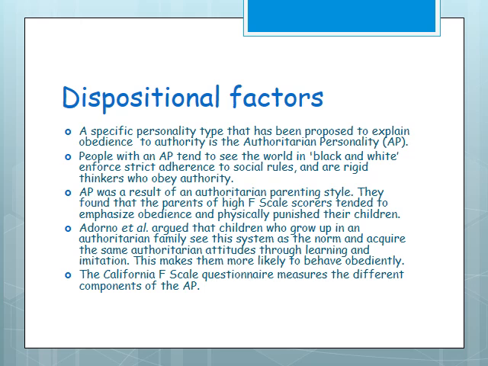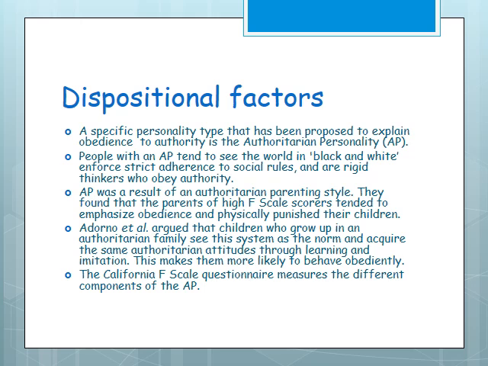It is the result of strict parenting, and generally parents who have an authoritarian personality, they emphasise obedience and physically punish their children. Adorno argued that children who grow up in this family see this system as the norm and acquire the same authoritarian attitudes and learning through imitation, and makes them more likely to be obedient.